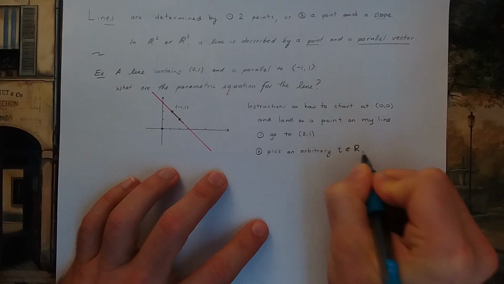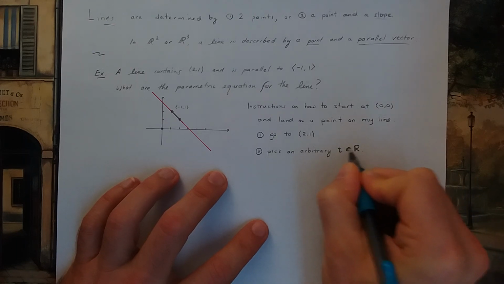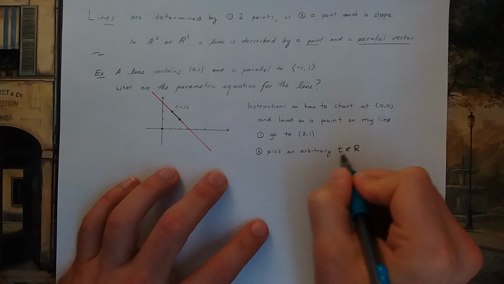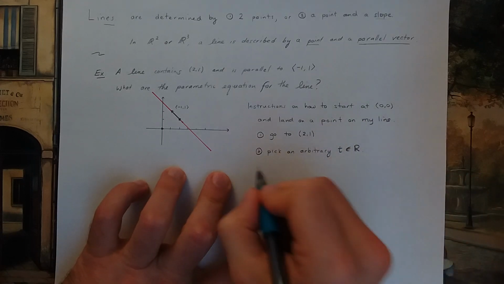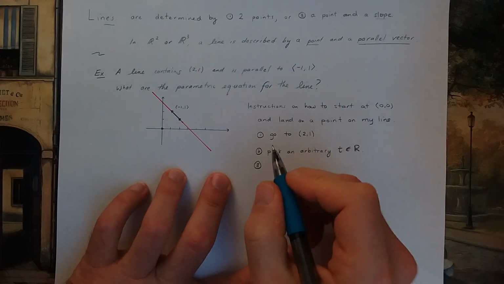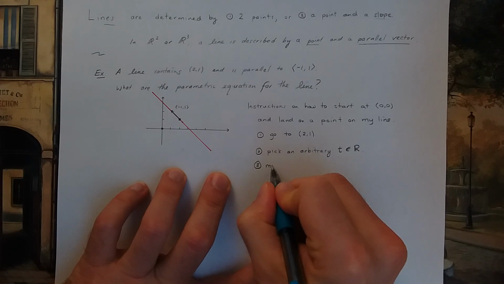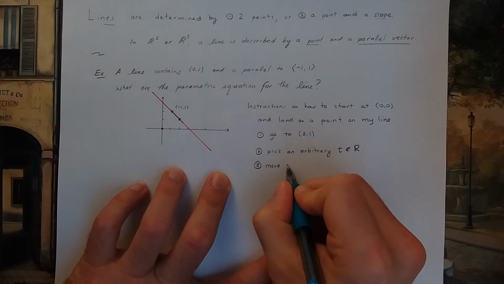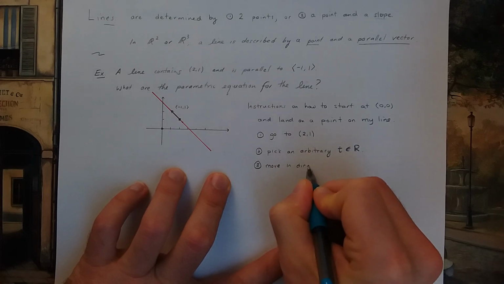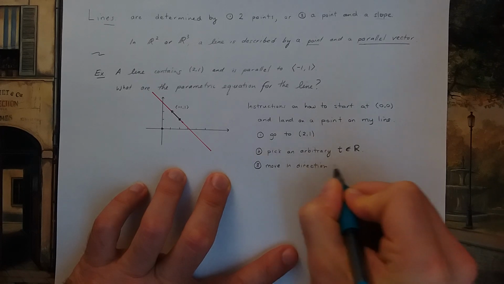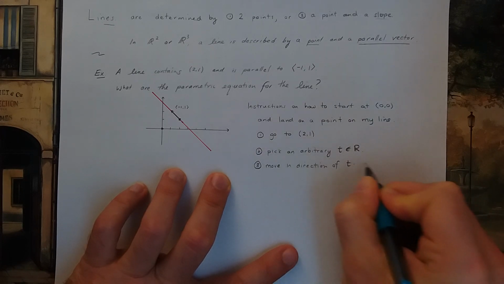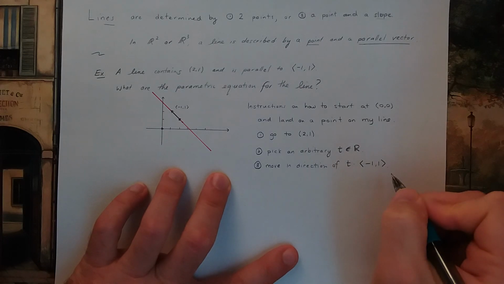T could be any real number, positive, negative, doesn't even have to be a whole number. Pick any number t, and then the last thing I want you to do is move in the direction of t times the vector negative 1, 1.